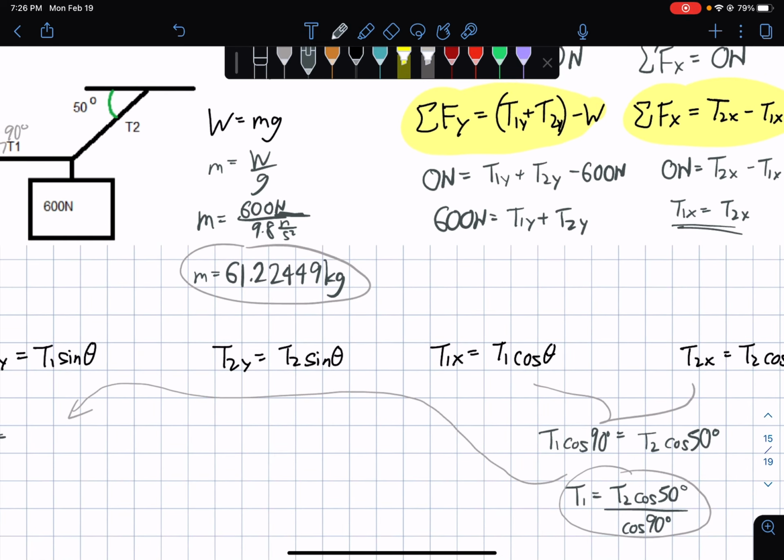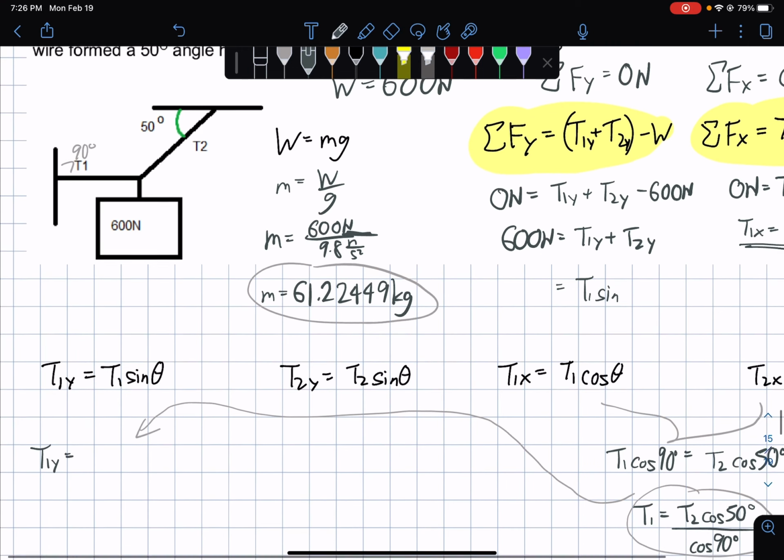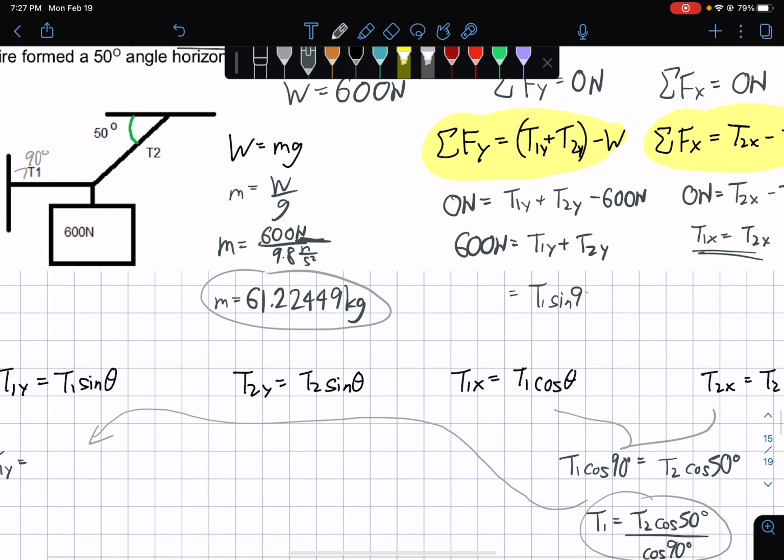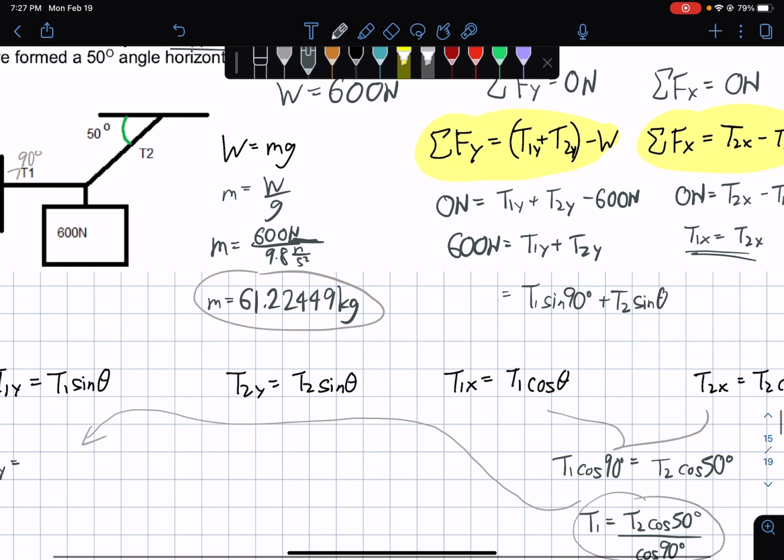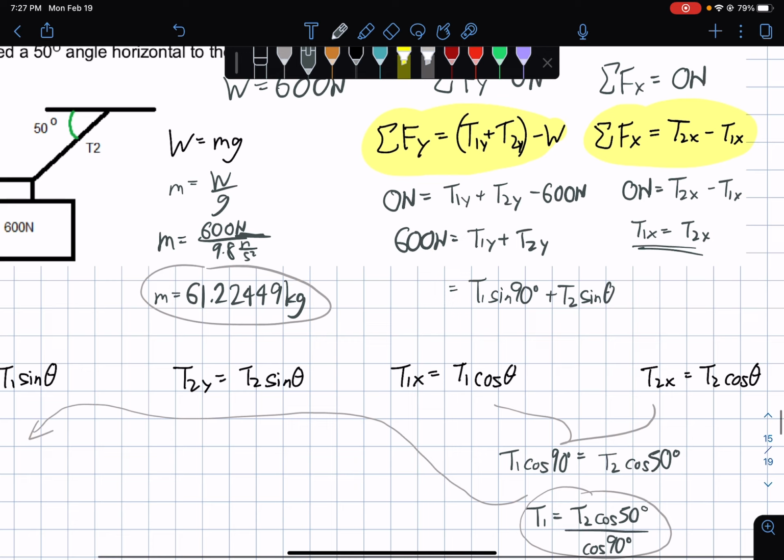What if we try this? You know that T1y is T1 sine theta. Theta for T1 is 90. According to the calculator, this is equal to 1. And T2y, we have T2 sine theta. We still keep the 600 Newton weight.